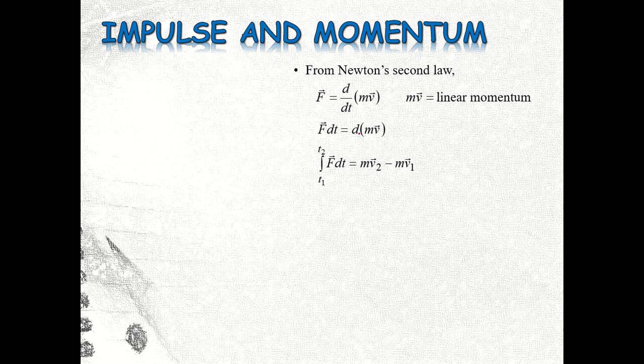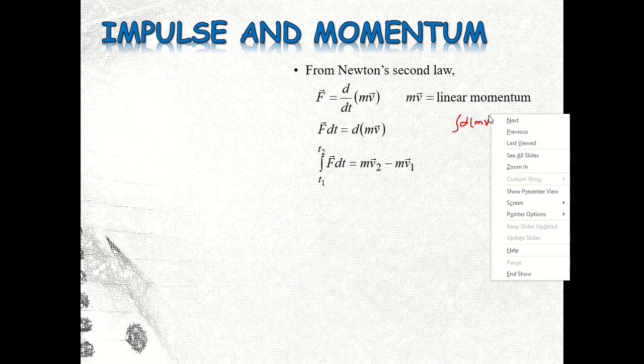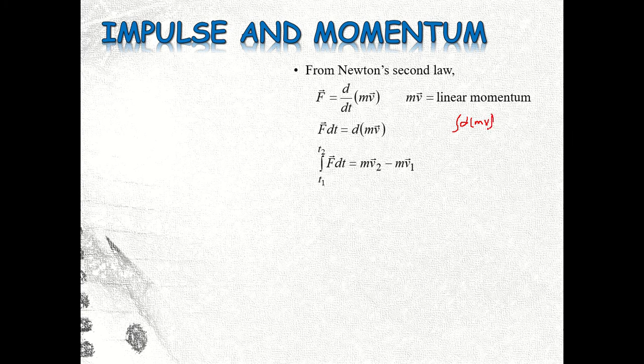So we have the integral of the differential of m times v, the vectorial velocity, with the limit from v1 to v2.